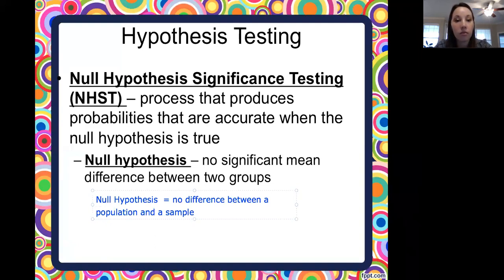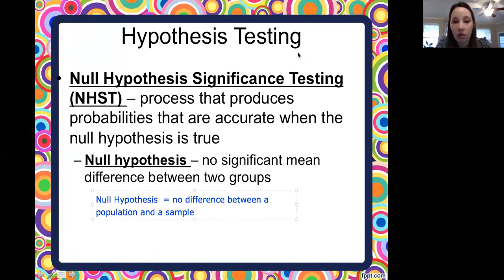And we find this out by conducting our single sample t-test. We have to gather our data and conduct the test to determine whether or not our null hypothesis is true or false. This is how we do this, by using our null hypothesis significance testing method. We're making claims about whether or not the null hypothesis is true or false. So every decision that we make, every determination is about the null hypothesis, whether or not it is true or false.